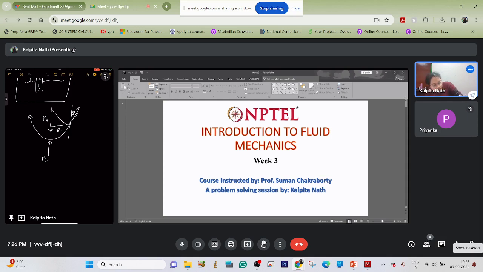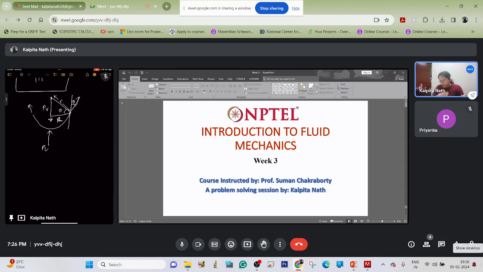And this angle is also theta, right? This is the radius of the meniscus, and this is obviously the radius of the capillary. So we can relate small r is equal to capital R upon cos theta, right?